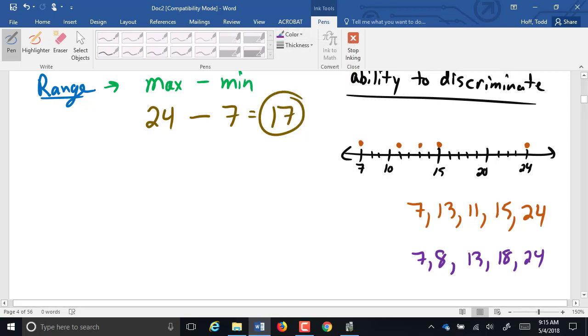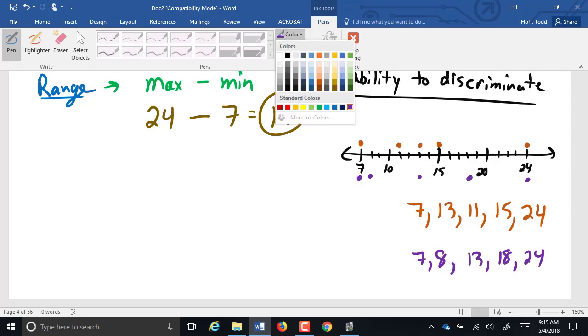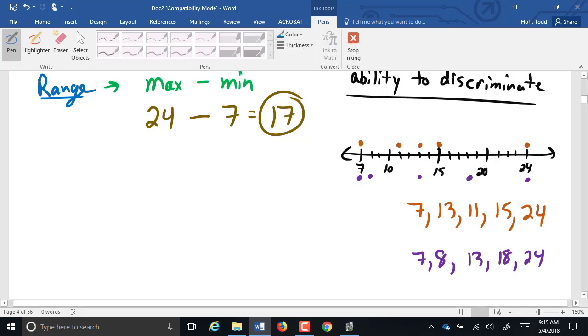That second set of data, we have 7, 8, 13, 18, and 24. I would say the purple dots are spread out more than the brown dots are. They're definitely not distributed the same. So the range is not a very good measure of spread as far as discriminating between similar sets of data.